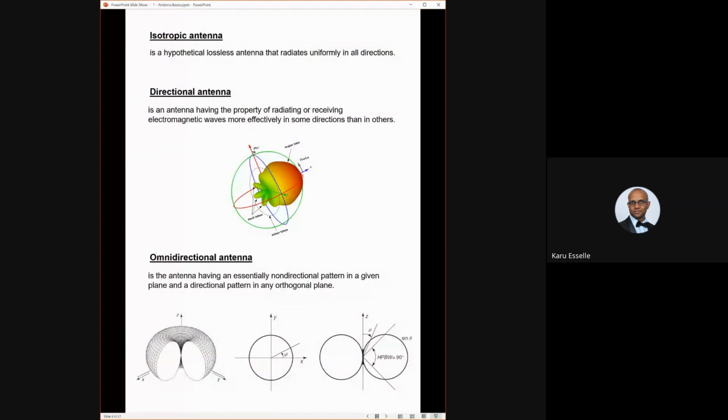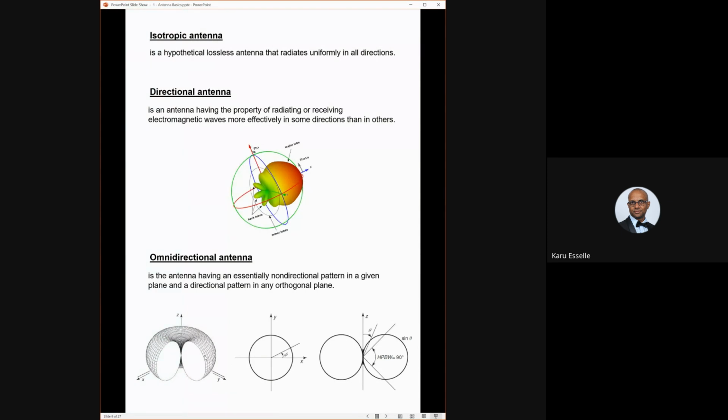Then, what is an omnidirectional antenna? The omnidirectional antenna would radiate the same on one plane. So the 3D radiation pattern of an omnidirectional antenna could be something like a toroid here. When we do a pattern cut on the XY plane, the radiation pattern becomes a circle.